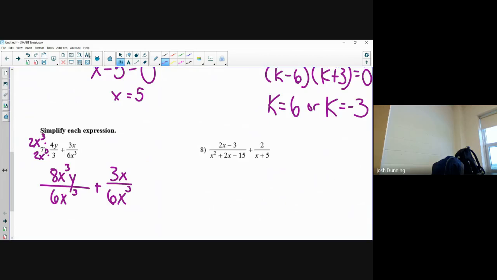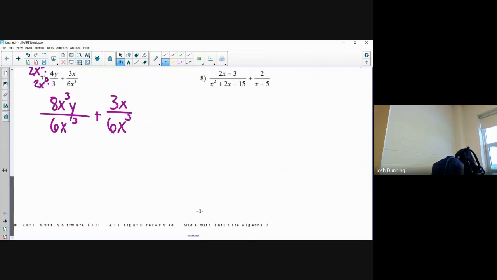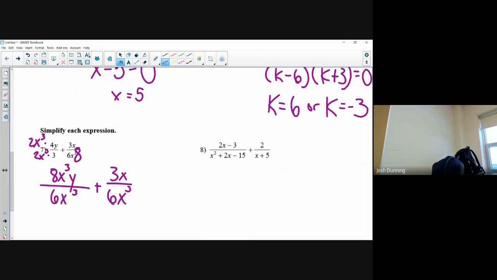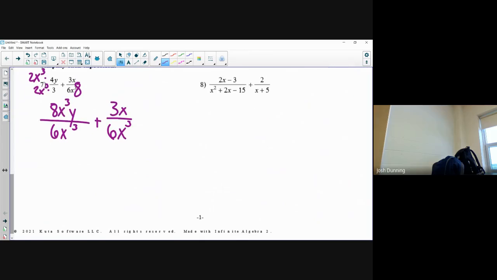Now that they have a common denominator, we can add, we can smush those together, but you can't really do anything to add them since they are not like terms. We're just going to say 8x cubed y plus 3x all over 6x cubed.